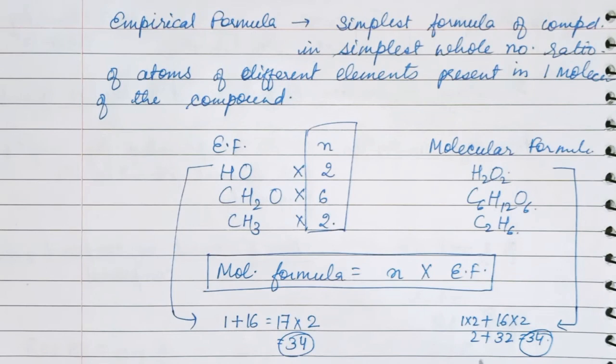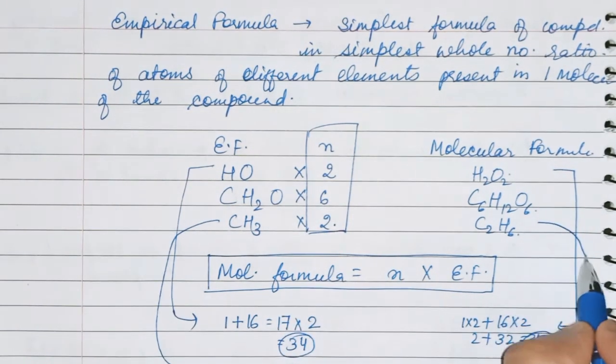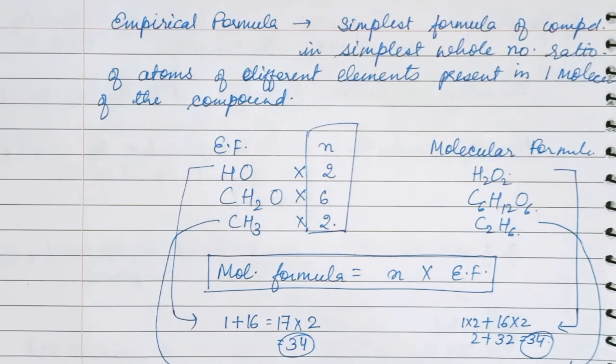So you can conclude, or you can take one more example. CH3, carbon is 12, hydrogen is 3. So here you can say 12 plus 3 is 15 into 2. This side you will get 30. And again for this C2H6, C2 is 12 into 2 plus 1 into 6. 12 into 2 is 24 plus 6 is equal to 30.